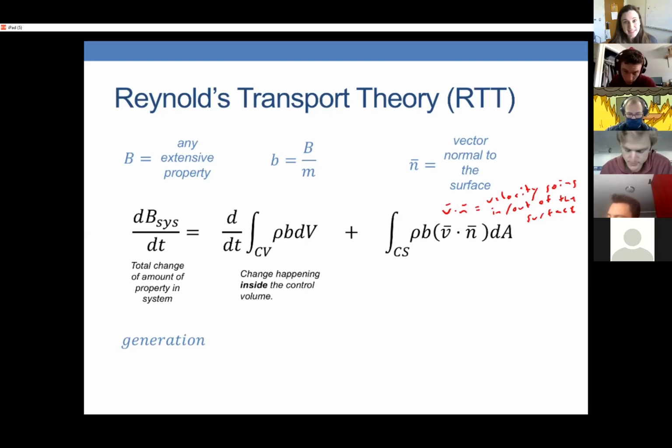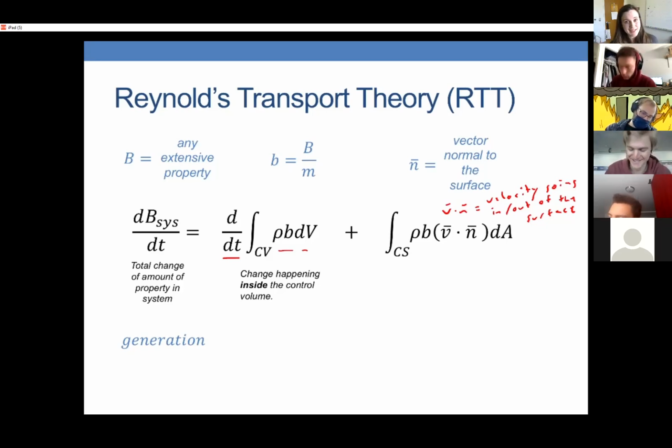Okay, so this next bit then, this is change happening inside the control volume. Because change can be happening with time, and we're integrating density over the control volume, so that's what that is. Change happening inside the control volume. So is that accumulation or input/output?